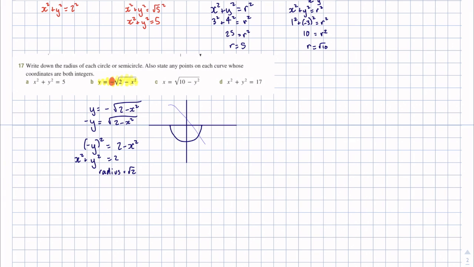Now, it says to also state any points on each curve whose coordinates are both integers. So, that's going to be a really hard one when we've got the square root. So integers.